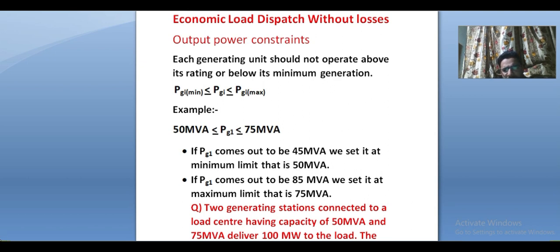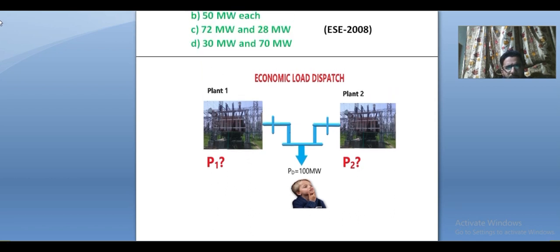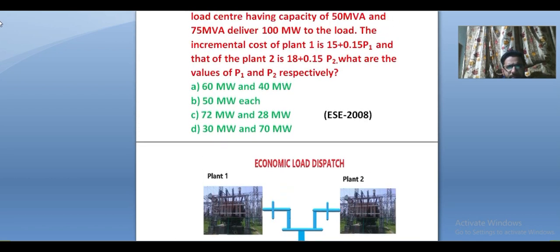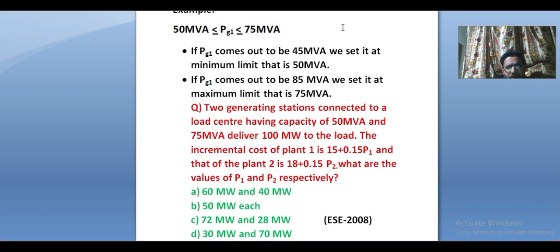Similarly, in the case of the maximum limit, if PG1 comes out to be 85 but the maximum limit is 75, therefore we set it at 75, not at 85. It will be clear in the numerical portion.